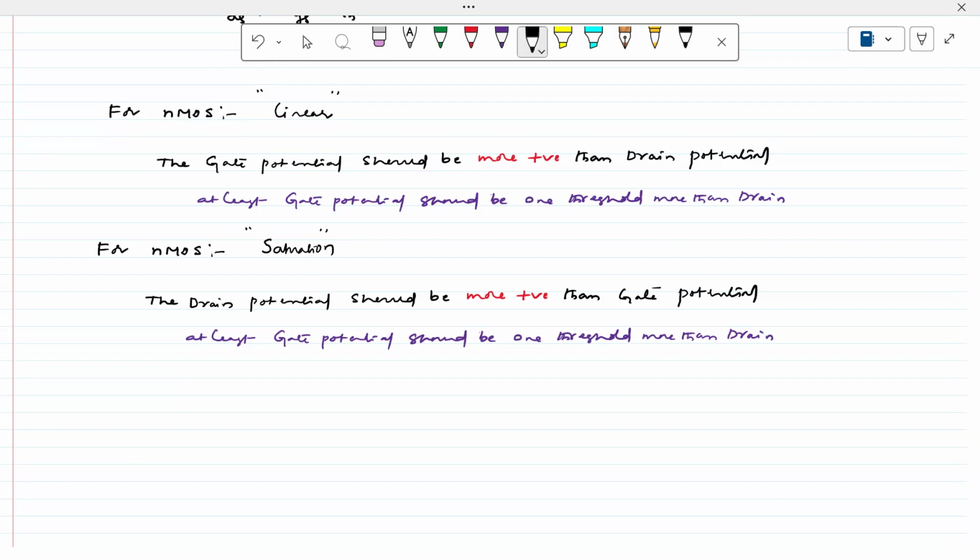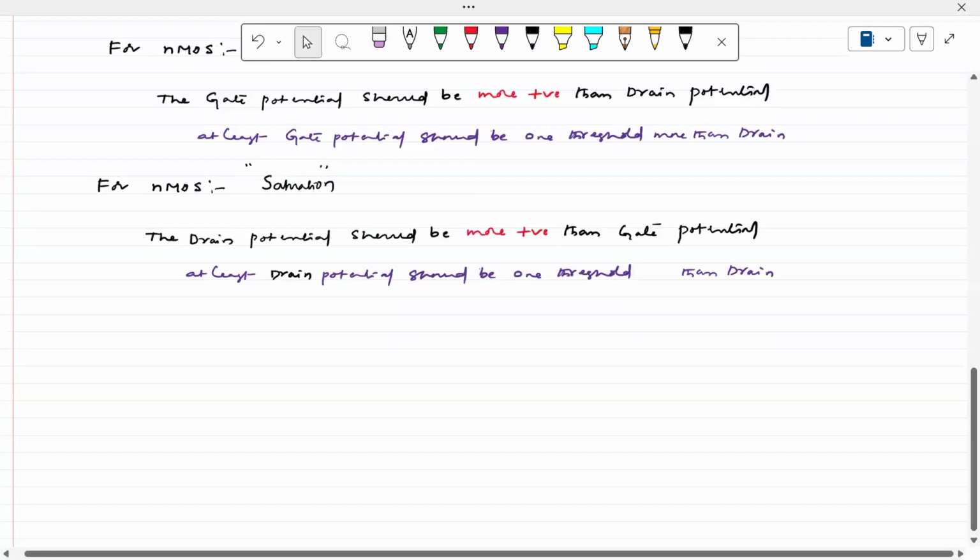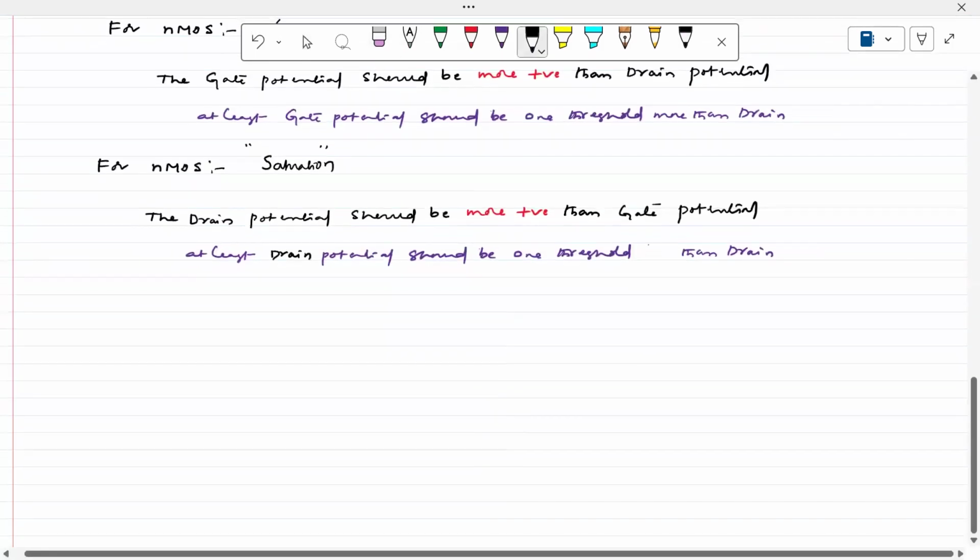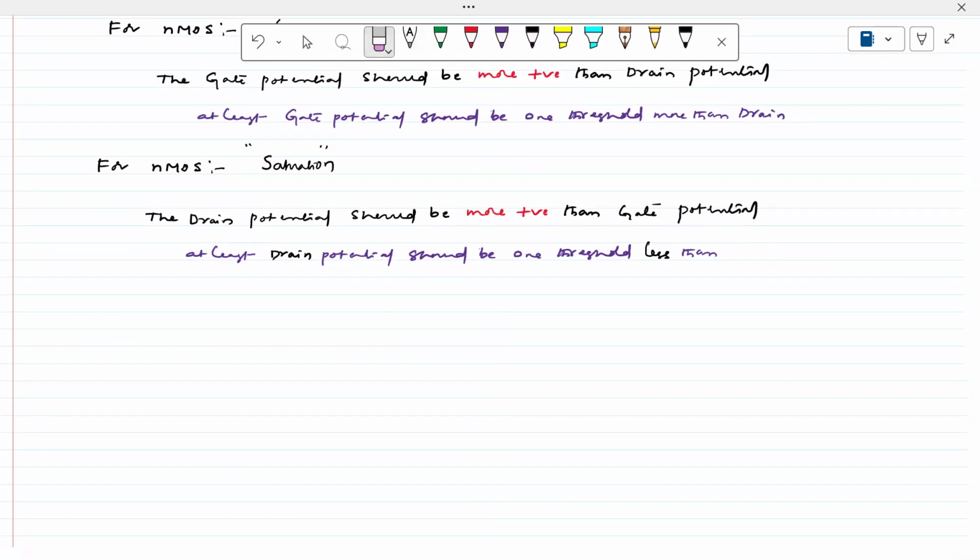But what is the minimum requirement? At least the drain potential should be one threshold less than the gate potential.